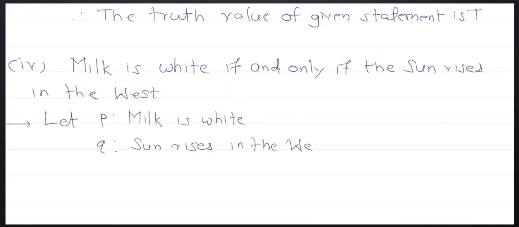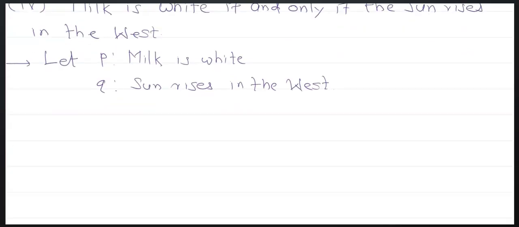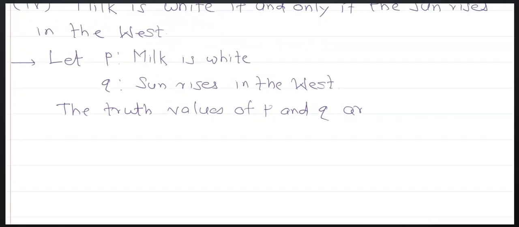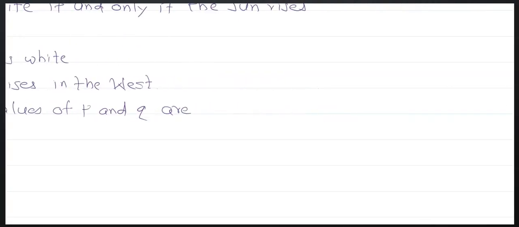Yes, its truth value is true. That sun rises in the west, its truth value is false. That is T and F. If and only if is double implication. In double implication, if both of them are same, then it is true. Otherwise false. Now these two are different. Milk is white is T and the second, Q, is F. Therefore, the final is F.